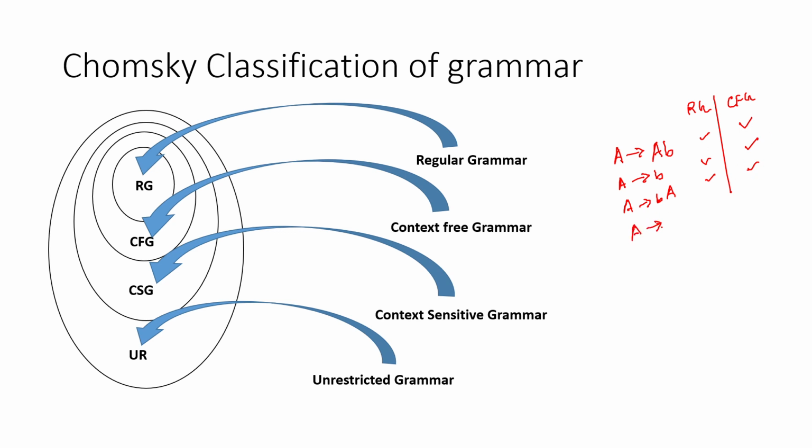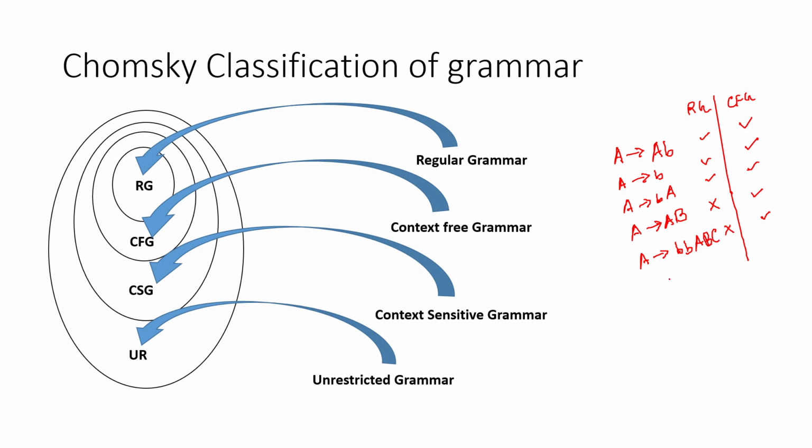Now A to AB is not possible in case of regular grammar, but it is correct in case of context free. For example, something like B to BABABC is wrong for regular, but correct in case of context free.